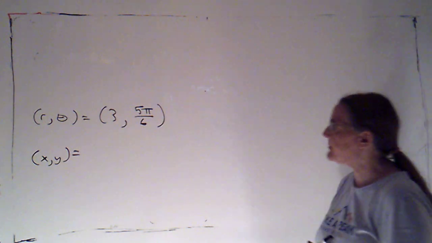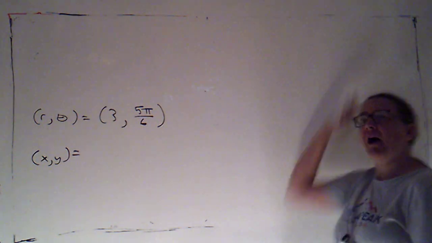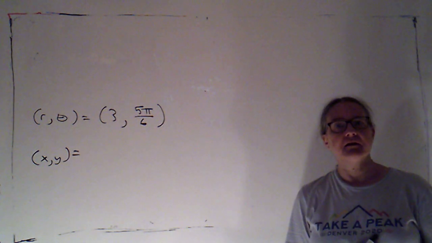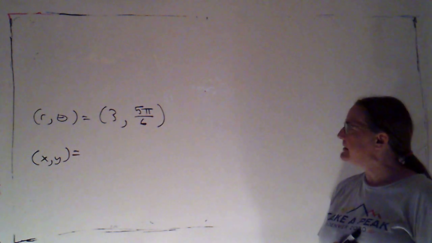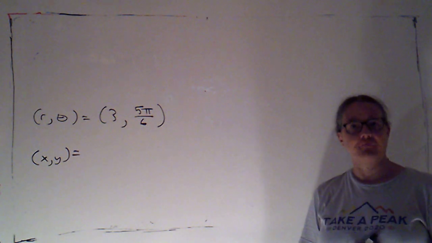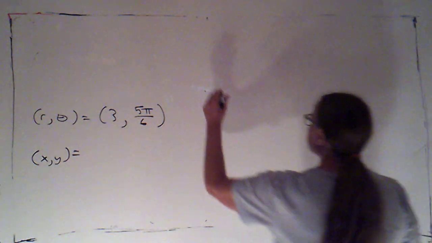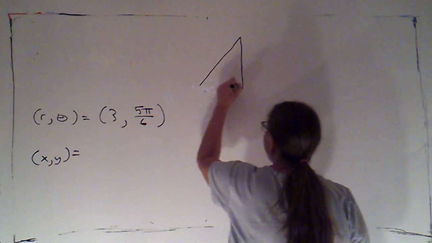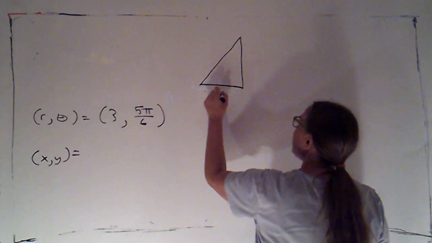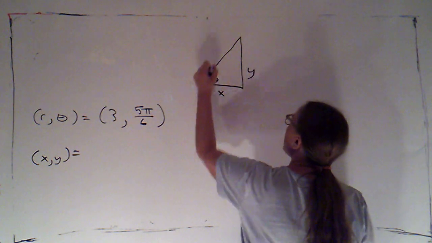I'm going to start with the formulas, which, oh my goodness, I erased. Now, I'm going to pretend that I have forgotten the formulas, and I'm going to remember that I can get them by working with this triangle.